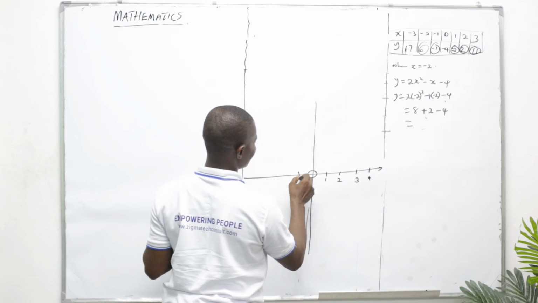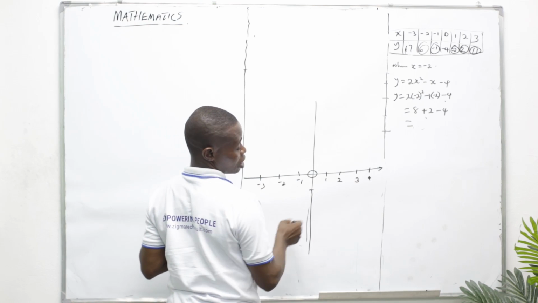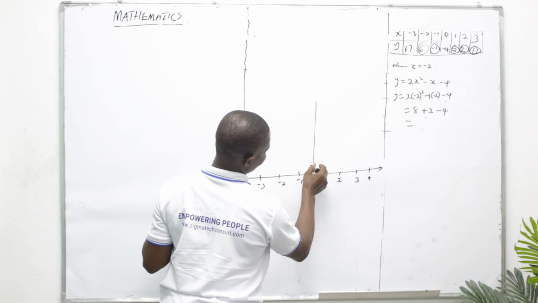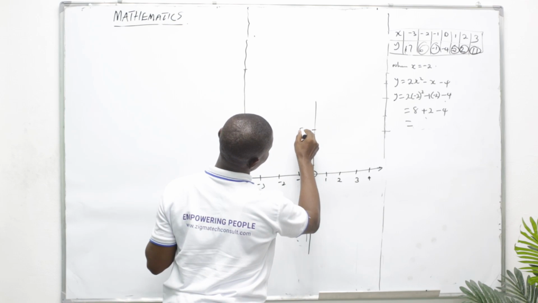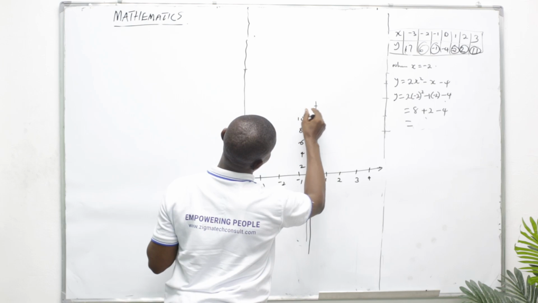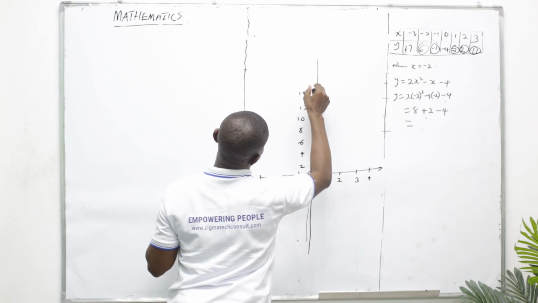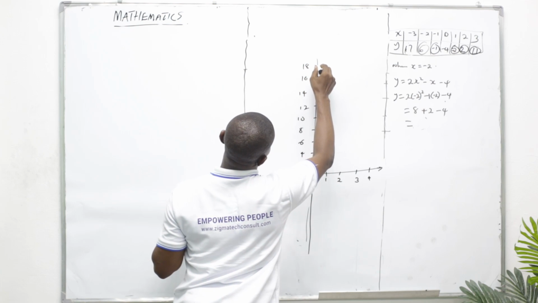Here is complete. This minus 1, minus 2, minus 3. The other one is 2 cm to 2 units. That is 2, 4, 6, 8, 10, 12, 14, 16, 18. You can pause.